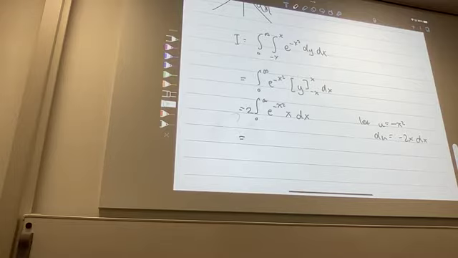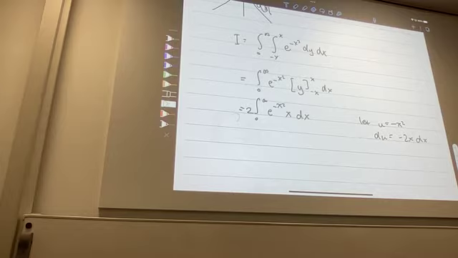All good so far. I would have done it another way. If you keep the 2 inside the integral, you multiply by minus inside the integral and by minus outside, then you just have e to the power of minus x squared times its derivative.